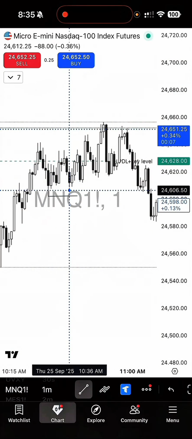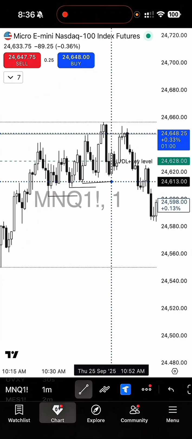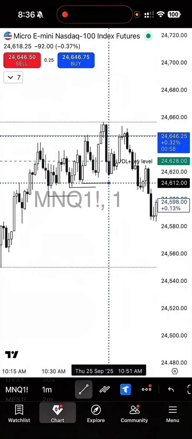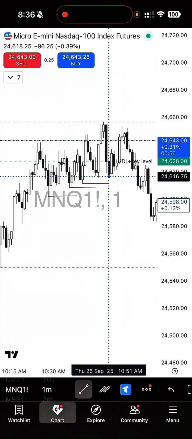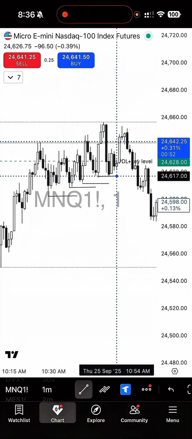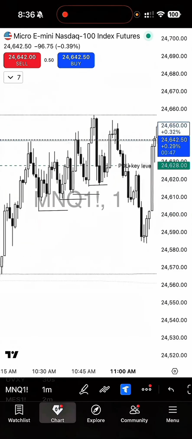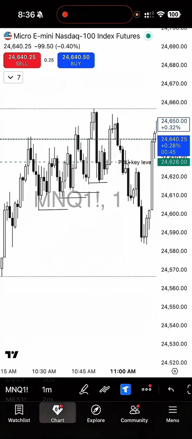So the reasoning behind my trade is, we were above key level. Second, we started creating higher lows, and this was one of the reasons that I wanted to get long. As you can see, those are all higher lows.